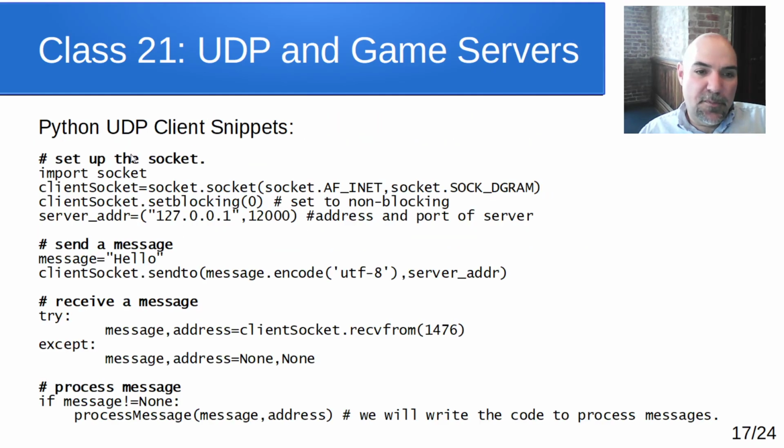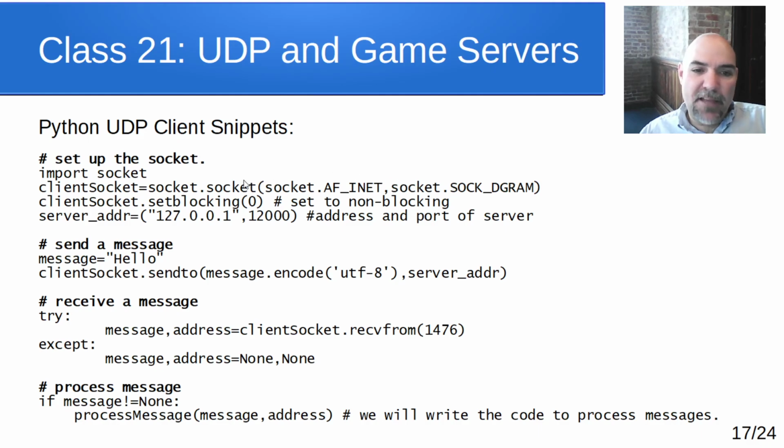So here are some code snippets from some Python code that does the important part. Setting up the socket, we import socket. We call socket.socket to create a socket object, and this works just like the function call that we would call in C. We pass in AF_INET, which is a value that's defined in socket, so socket.AF_INET, and we pass in SOCK_DGRAM, which is another one.